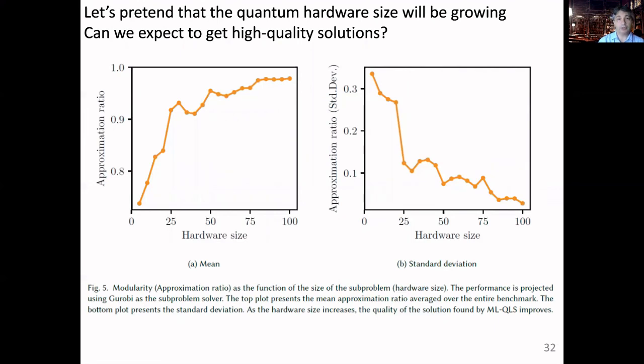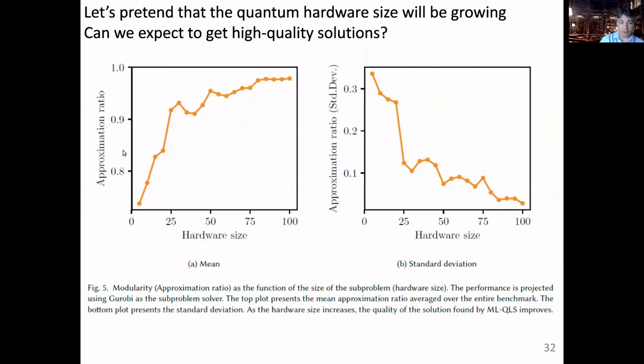So here we ask another interesting question. Let's pretend that the problem size will be growing, right? And let's say that the hardware size will also be growing. What can we expect from this device? Can we expect better performance?